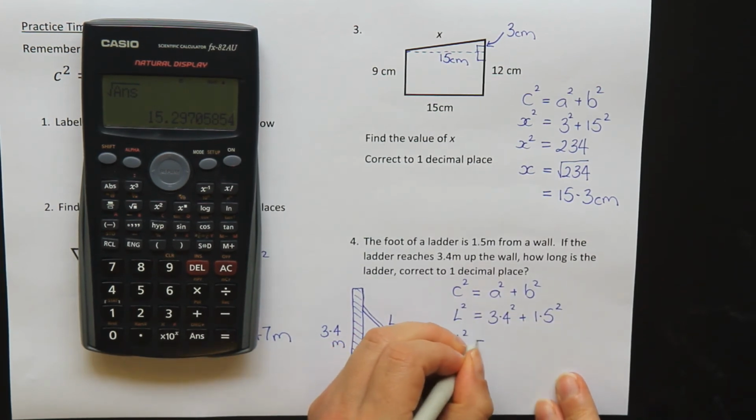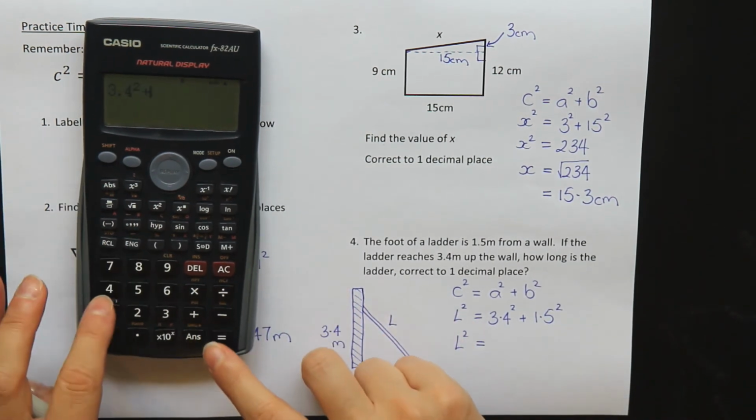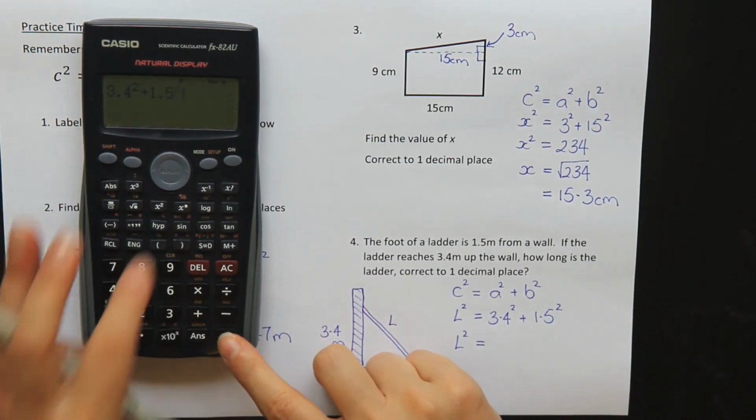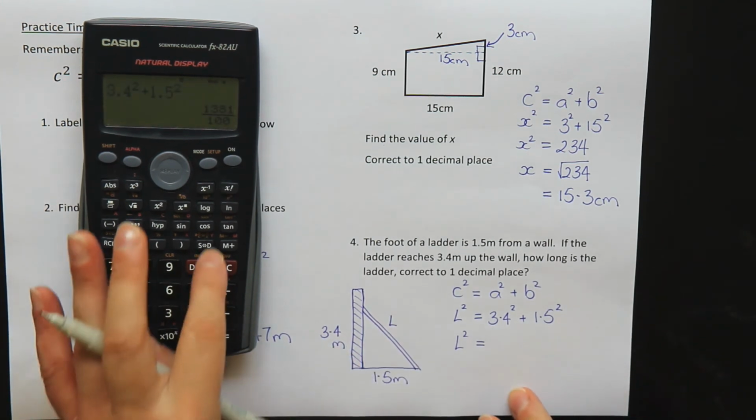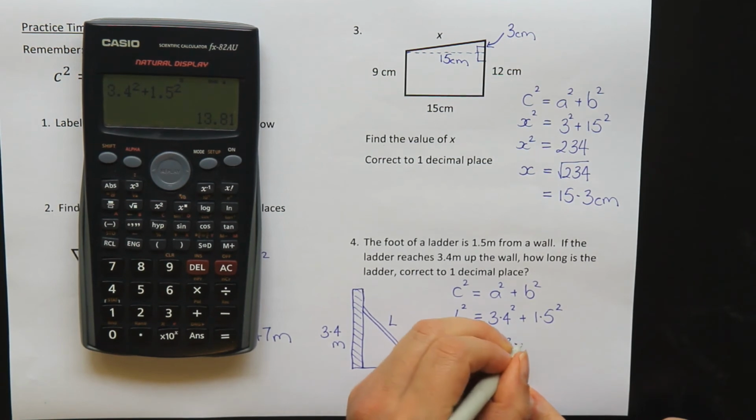Type that into the calculator. 3.4 squared plus 1.5 squared equals 13.81.